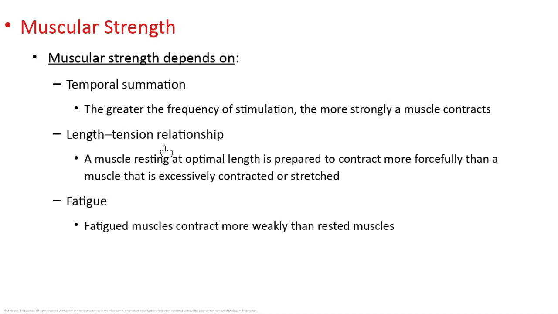The length-tension relationship is also going to help determine muscle strength: how much tension is generated and how that relates to how the muscle is going to change in length. And then fatigue, of course, will play a role in strength of a muscle.